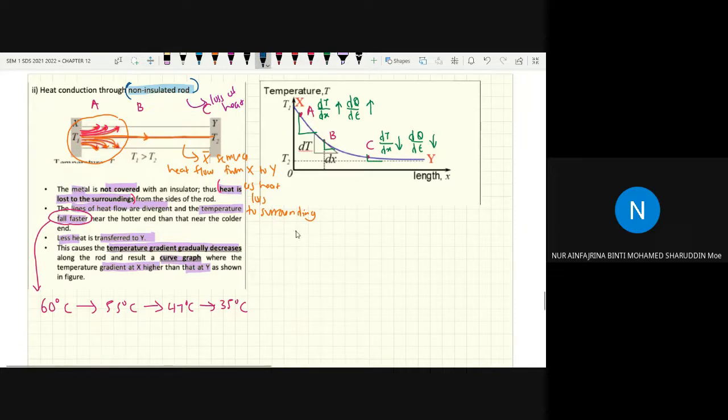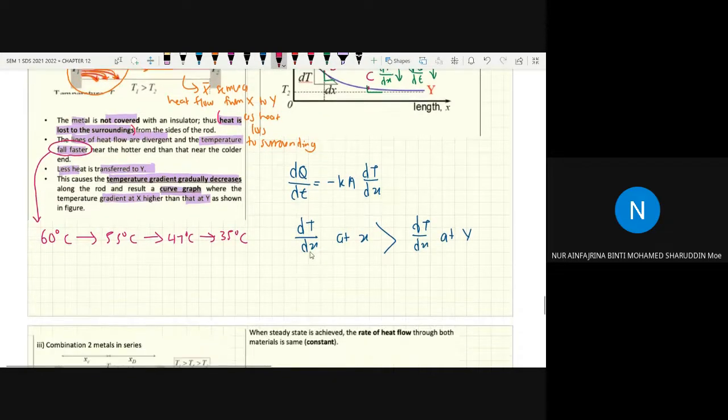Okay, so Miss buat macam ni. Kita tahu formula dia adalah dq dt for rate of heat flow negative Ka dt over dx. And we know actually dt dx temperature gradient dekat X adalah yang ini tau, hujung ni, X dengan Y. At X is greater than temperature gradient at Y. Okay.